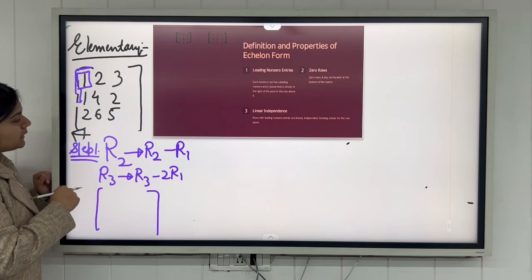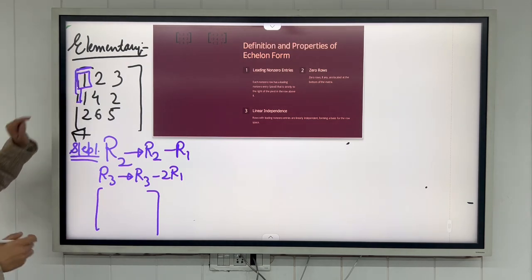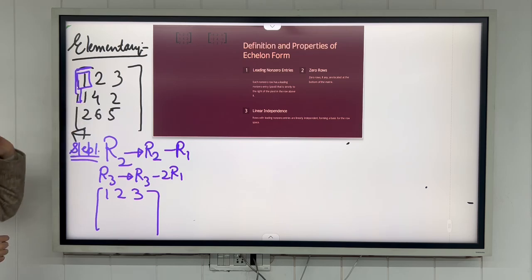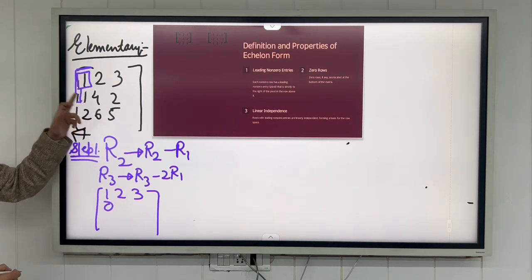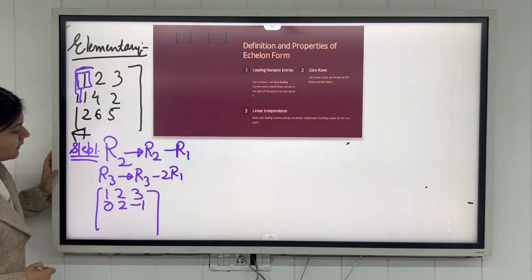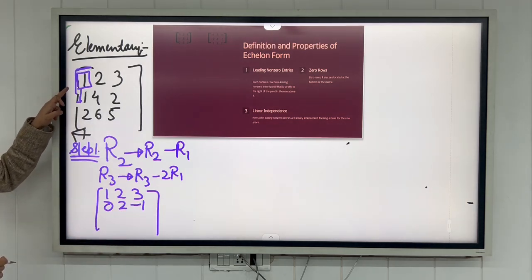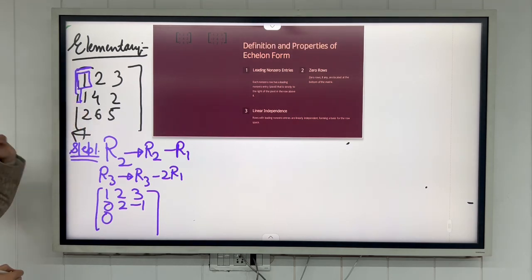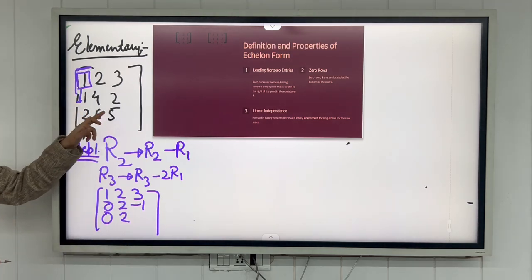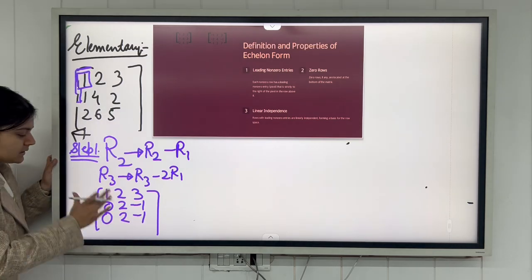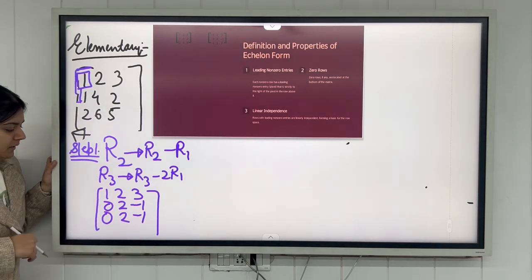Now, when I say R2 minus R1, the first row element stays the same, then you will get 0. 4 minus 2 is 2. 2 minus 3 is negative 1. Then 2 minus twice of R1 will give you 0. Then 6 minus 4 will give you 2. Similarly, 5 minus 6 will give you negative 1. So this is step number 1 that we have already done.